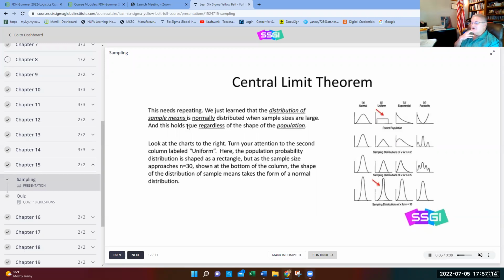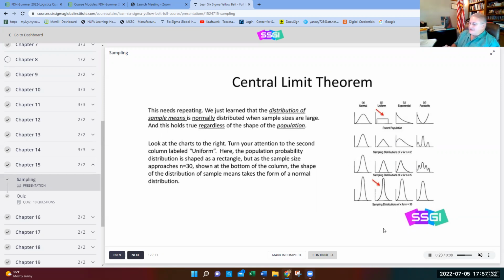So this is just showing the different shapes of a population based on the data that you're collecting and what they would look like if they were not a normally distributed population, or they weren't uniform.